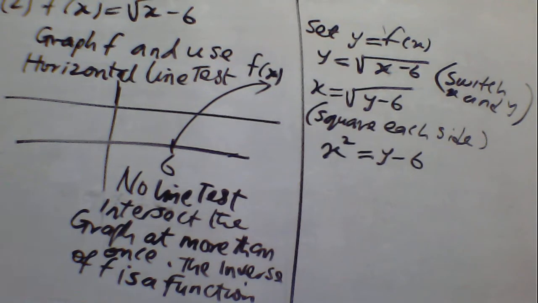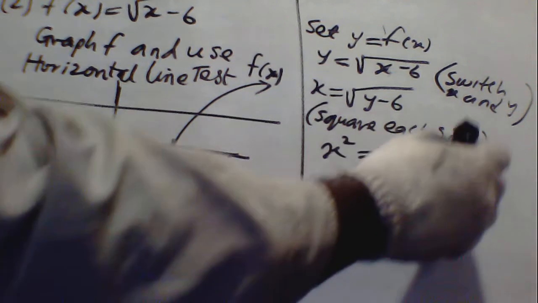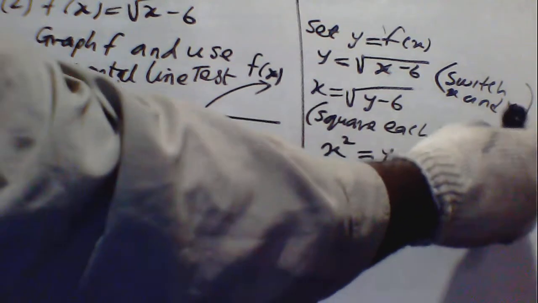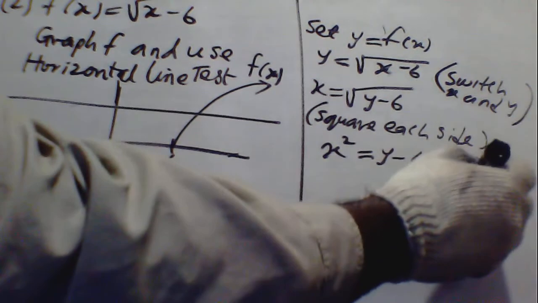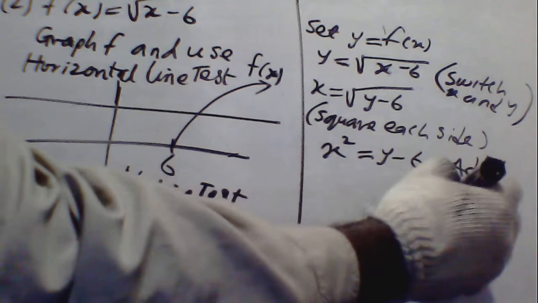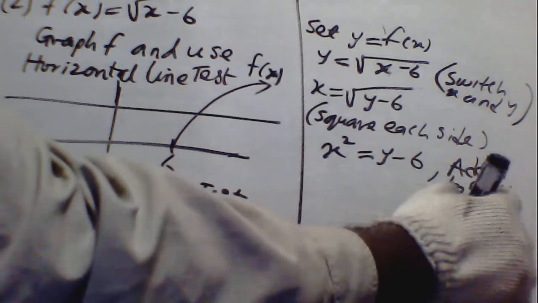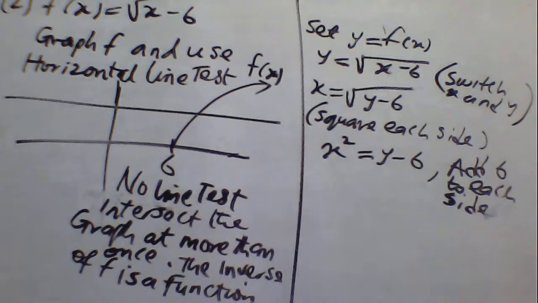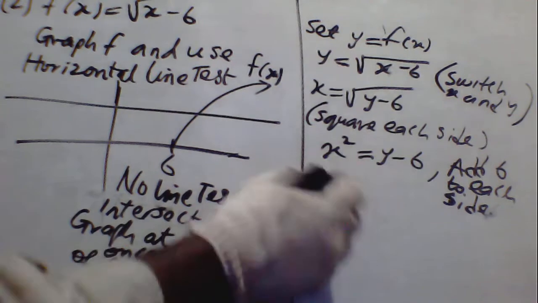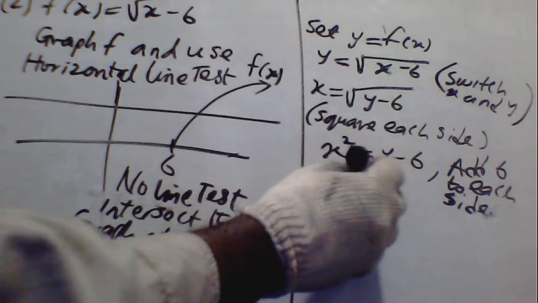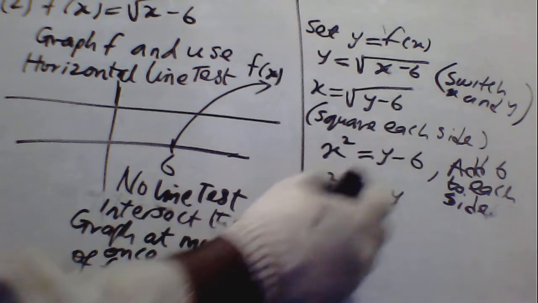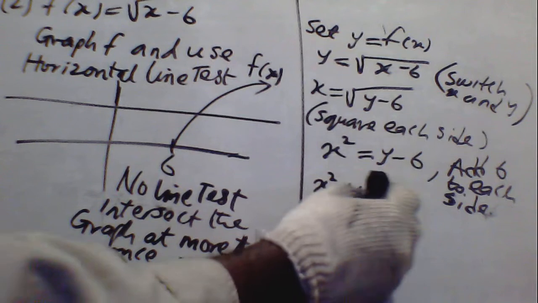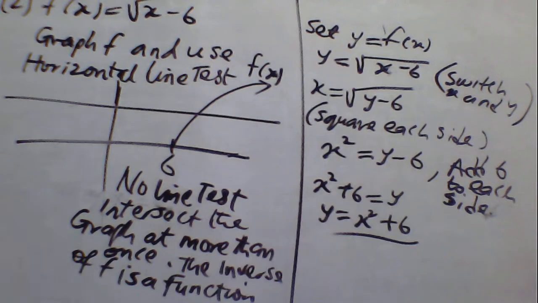Then add 6 to each side. This will give me x squared plus 6 equals y. So y is equal to x raised to the power 2 plus 6. So this is the inverse.